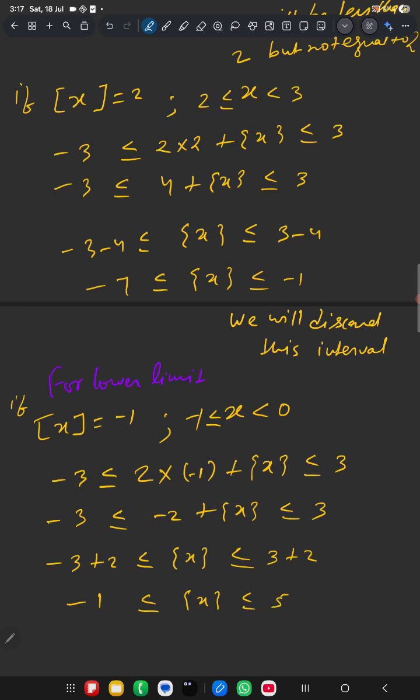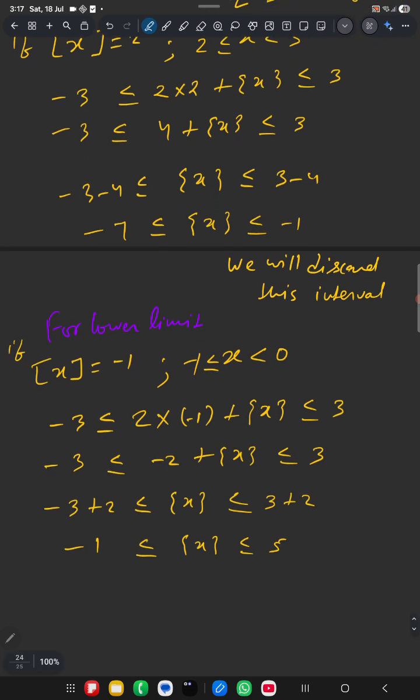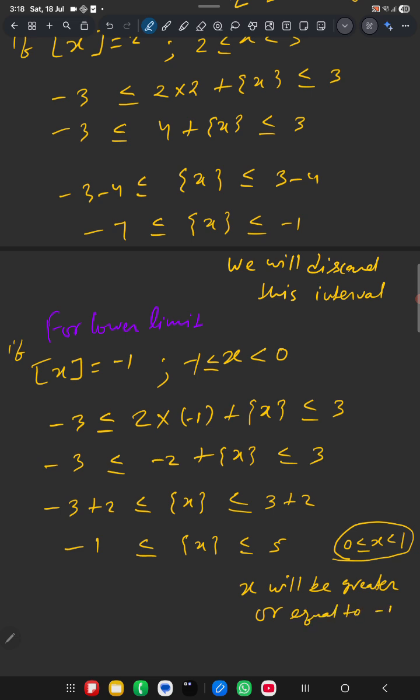So again here the interval for the fractional part is already contained in this interval, so we can use this interval. So lower limit can be minus 1 here, because 0 less than or equal to the fractional part, less than 1, is contained in this interval. So x will be greater than or equal to minus 1.